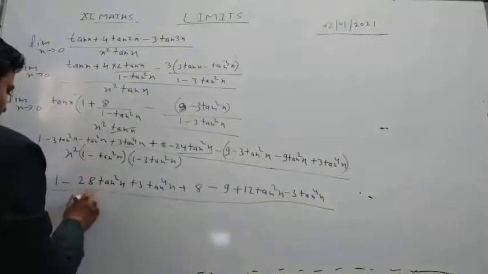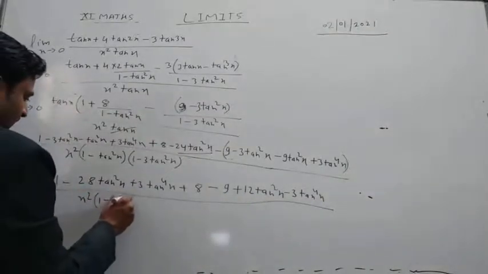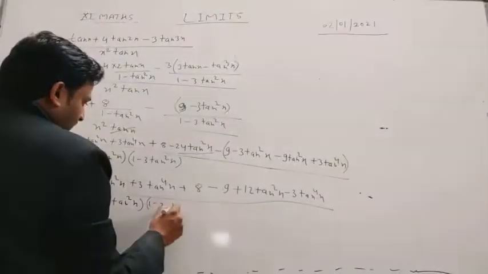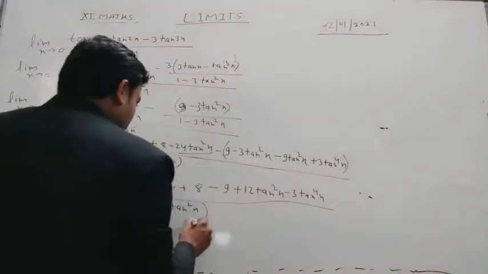Okay, and this is x square (1 minus tan square x)(1 minus 3 tan square x).